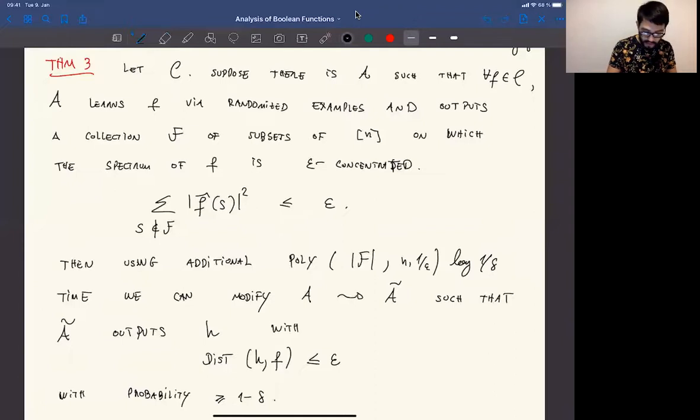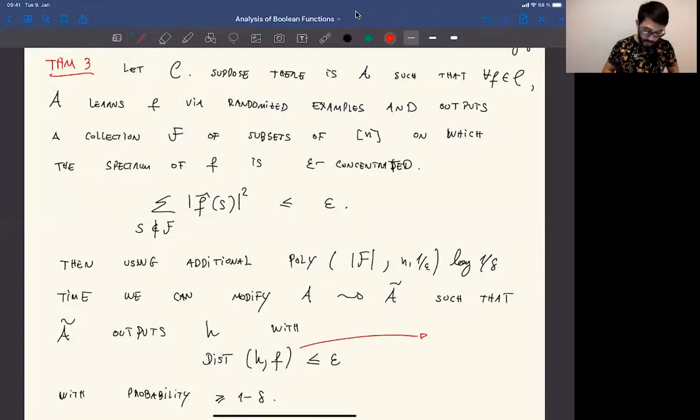So recall that for Boolean functions, this guy here is the distance.